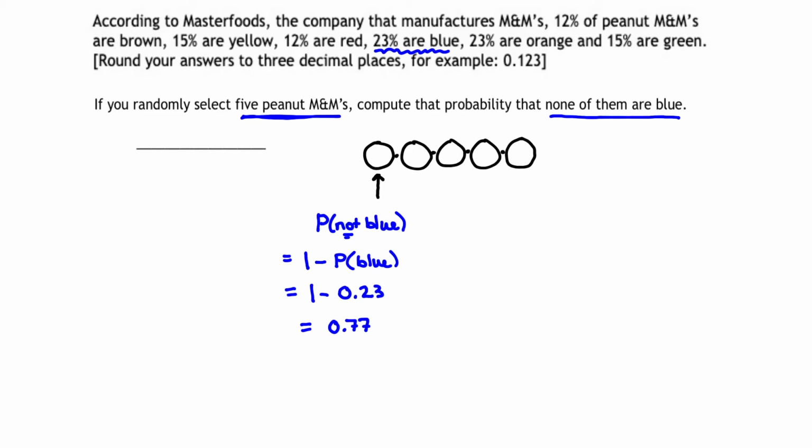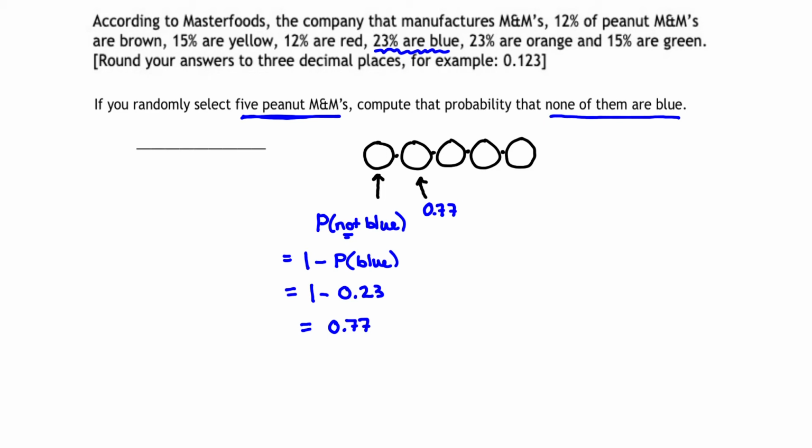The cool thing, though, is because we have independent events and we have a repetition going on, we're just about finished with this problem. What do I mean by that? Well, the probability that the second one is not blue is going to be the same probability that the first one's not blue. So that's going to have a probability of 0.77 as well.